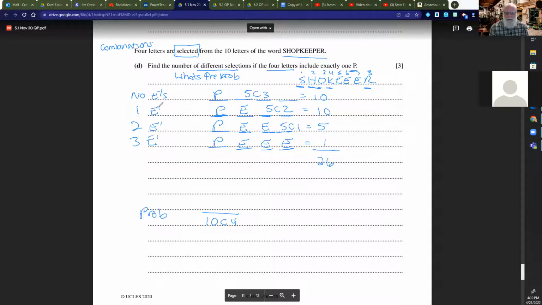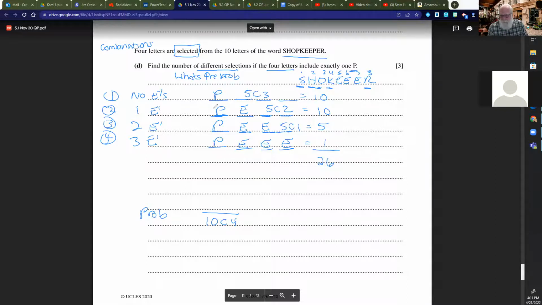Because, well, think about it. For everyone, you see how there's 1, 2, 3, 4 ways? Now, the reason in this problem up here they told us that it's going to have 1 P is because it took away a duplicate letter. If they hadn't, then we would have had to do all this, but also do it with no P's, with 1 P, and with 2 P's.